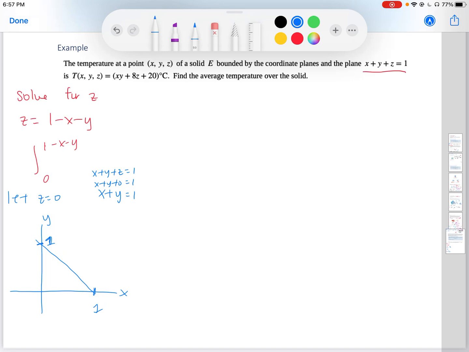Now that we set up our z integral, we can continue to set up either type 1 or type 2. You want to choose type 1 or type 2. Remember, this is x plus y equals 1, so it's your choice whether you want to write it in terms of x or in terms of y.